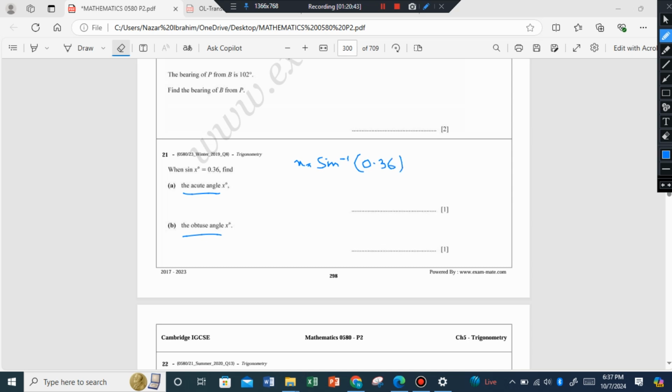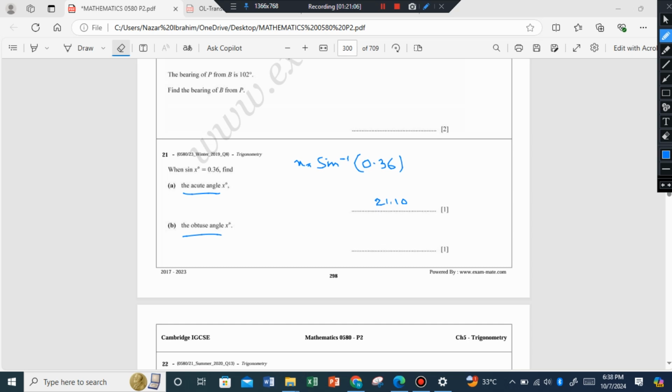Now using the calculator, again remember we have to keep a bigger bracket, right? So sine inverse 0.36 is giving me 21.1. So the acute angle which lies between 0 and 90 is 21.10.